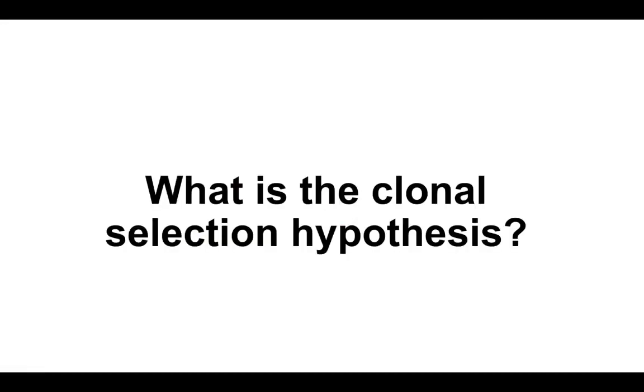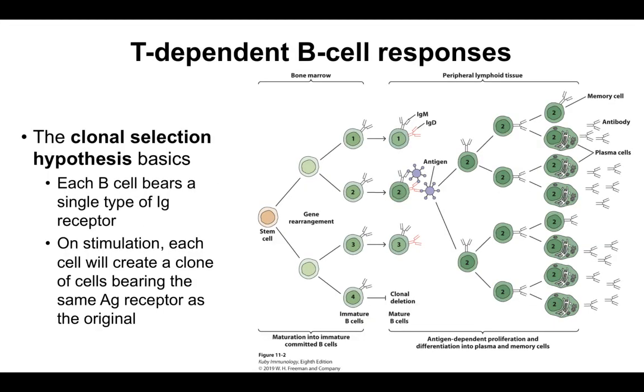What is the clonal selection hypothesis? This means that you would only clonally expand the one particular cell that's responsible for recognizing the pathogen that you currently have. In the bone marrow, you have stem cells. There are gene rearrangements that occur to give you many different B cells. We're only drawing 4 here. If they don't respond to anything, they'll be deleted.